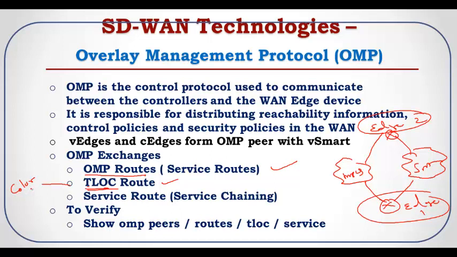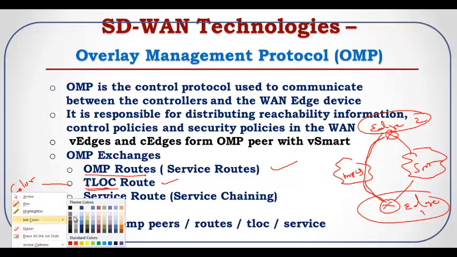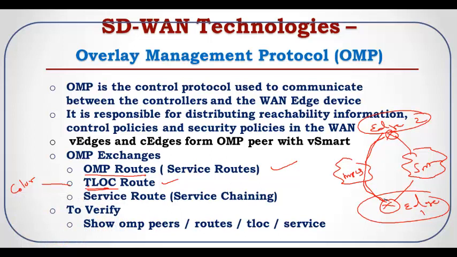Depending on the policy, depending on the quality of the path, the edge device may use MPLS to reach the other edge. So this information, whether to go via MPLS or via internet, the TLOC route information has the next hop address.